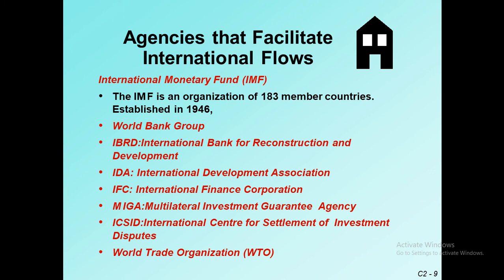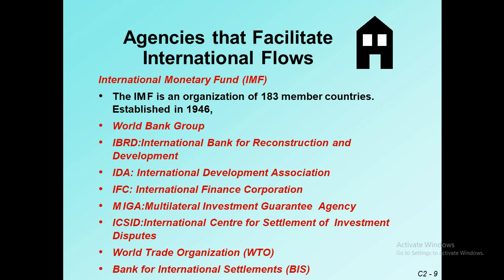Next is the World Trade Organization. The World Trade Organization, which was created in 1995, is the successor to the General Agreement on Tariffs and Trade, GATT, which we discussed before. It deals with the global rules of trade between nations to ensure that trade flows smoothly, predictably, and freely.